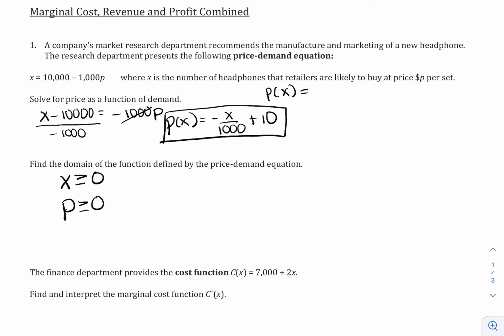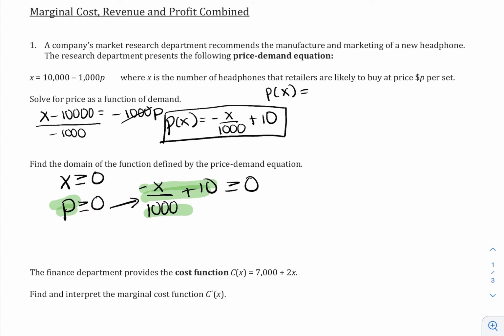So you're going to have x is greater than or equal to 0 and p is greater than or equal to 0. So what I can do is take the p, which I have right there, negative x over 1,000 plus 10, greater than or equal to 0. Right, so this part is p. And then solve for x.